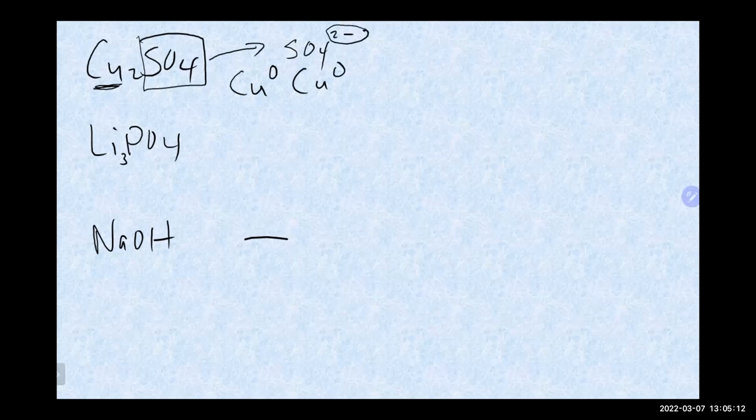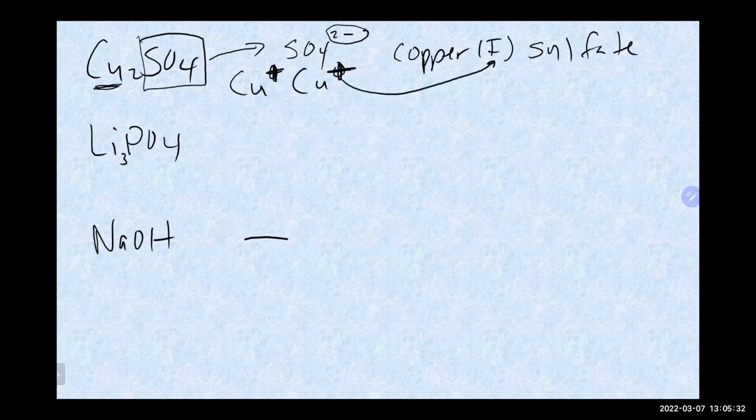That means in this case, each copper is +1, yes? And that means the name here would be copper Roman numeral 1, and then we'd use the whole name of the polyatomic ion, which would be sulfate. Any questions on that one there?